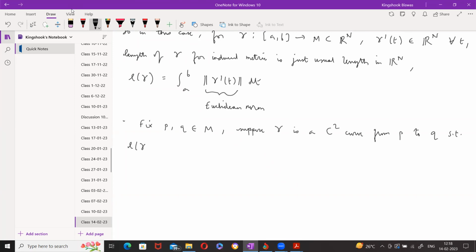So the length of gamma is the distance between p and q. Then we want to say that gamma satisfies a certain equation, which will be called the geodesic equation. There's just a minute left, but we're going to derive this geodesic equation that gamma satisfies. I won't do it now because there's just a minute left. Let me stop this session and start a new one.